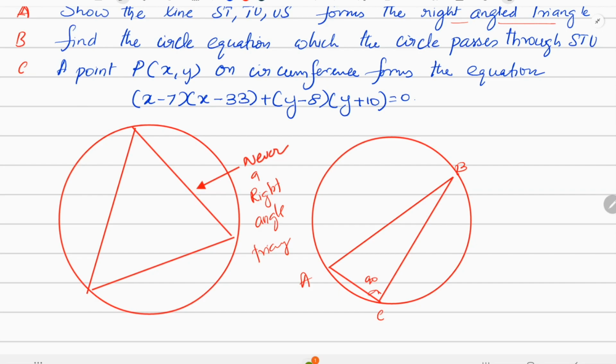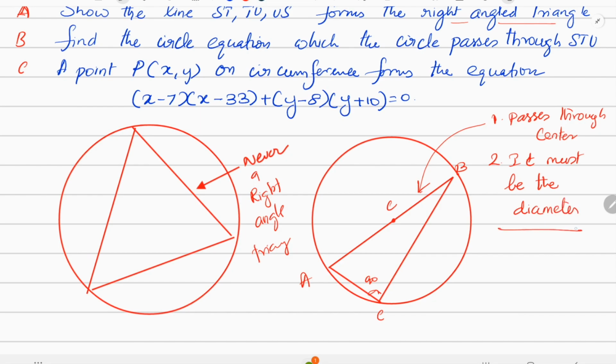When will it be a right angle triangle? When any of the sides passes through the center. Two conditions: it passes through the center, and it must be the diameter.